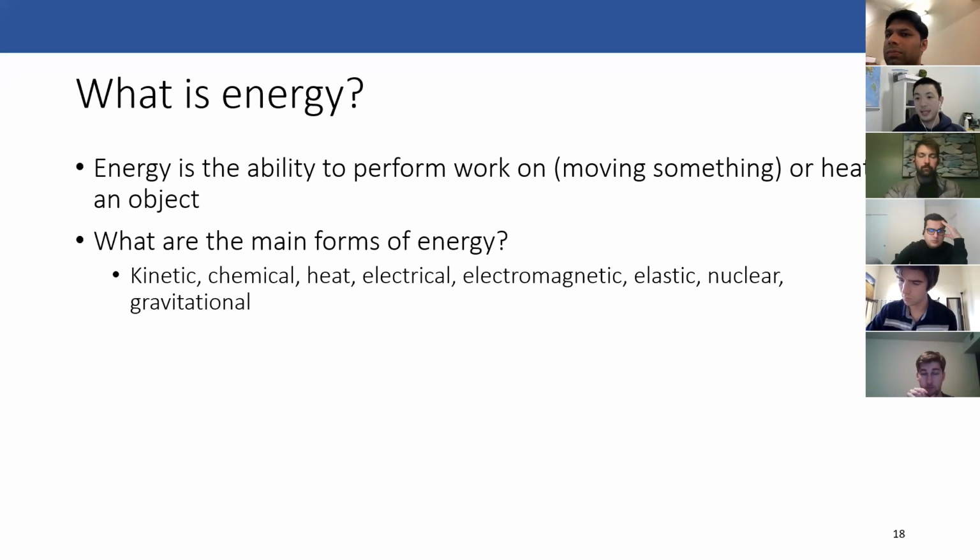You've got kinetic, chemical, heat, electrical, electromagnetic, elastic, nuclear, and gravitational. A bunch of these we're obviously not going to talk about very much in this course, but a few of these are going to be critical to exploiting in order to make our energy system work.